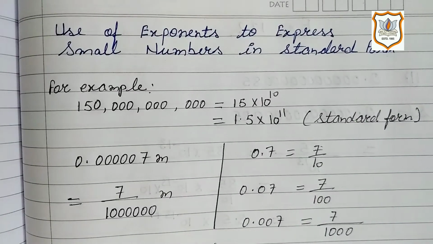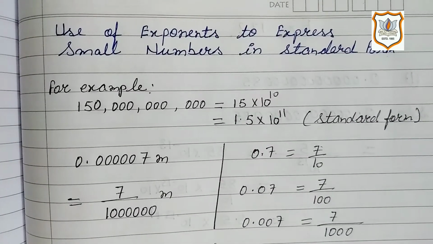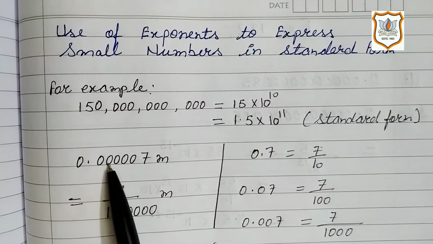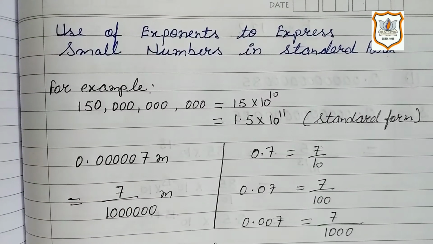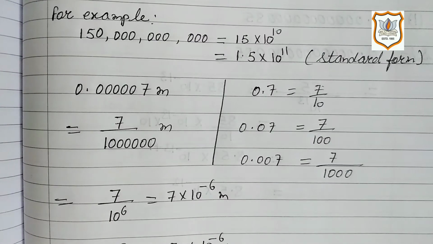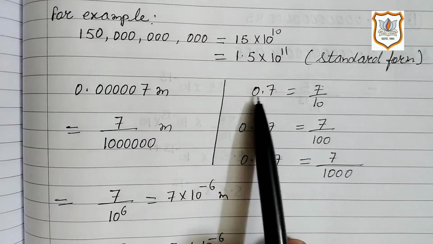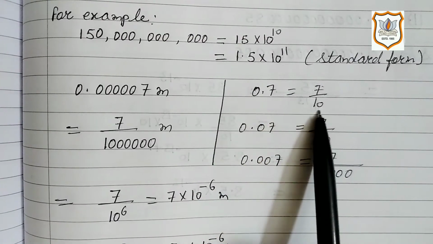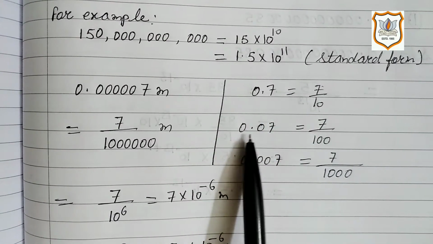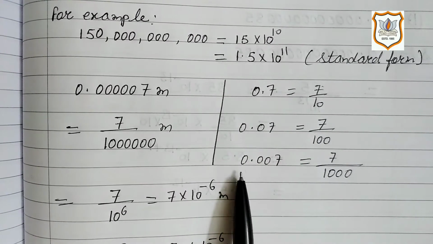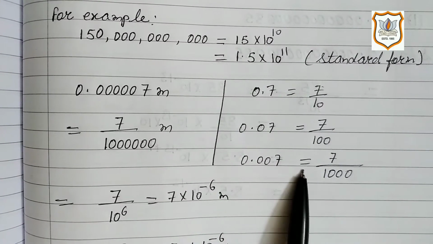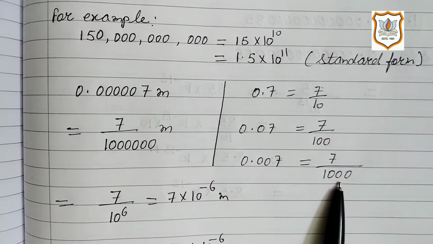Now let us try to express 0.000007 meter in standard form. Students, as you know, we can write 0.7 is equal to 7 upon 10, 0.07 is equal to 7 upon 100, and 0.007 is equal to 7 upon 1000.